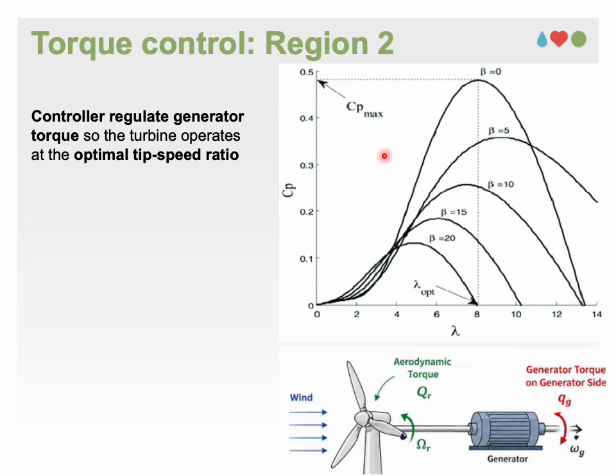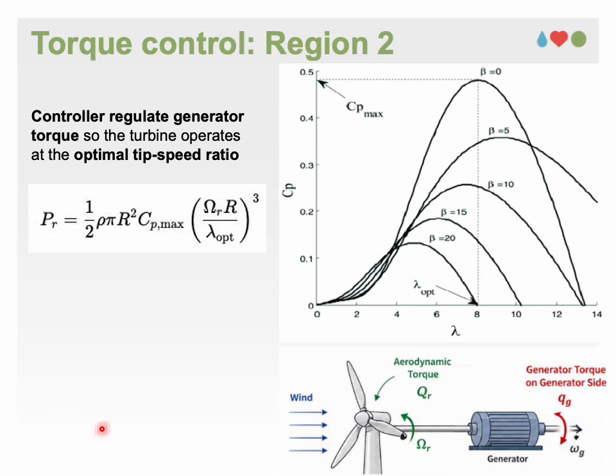The control objective in this region is to regulate generator torque so that the turbine operates at the optimal tip speed ratio to maximize energy capture. At the optimal tip speed ratio, lambda opt, and maximum power coefficient, Cp max, we can estimate the power production.